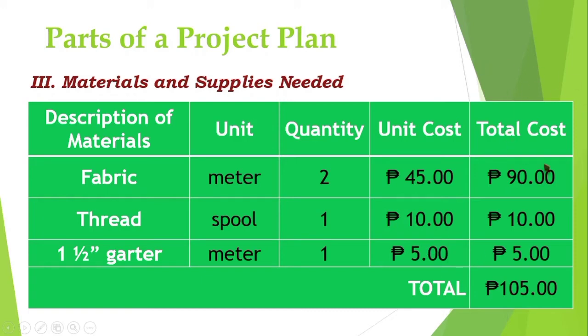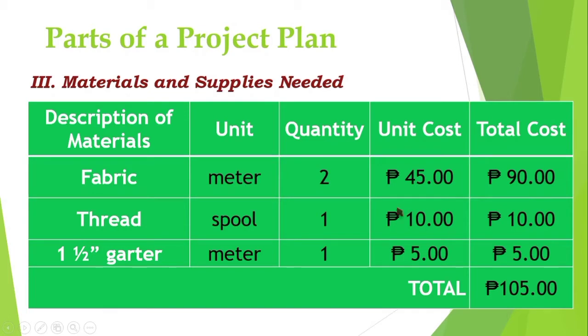Next, the total cost. The total cost will be the total cost per unit. So say for example, you bought 2 meters of fabric. So that is 2 times 45, and that is equal to 90.